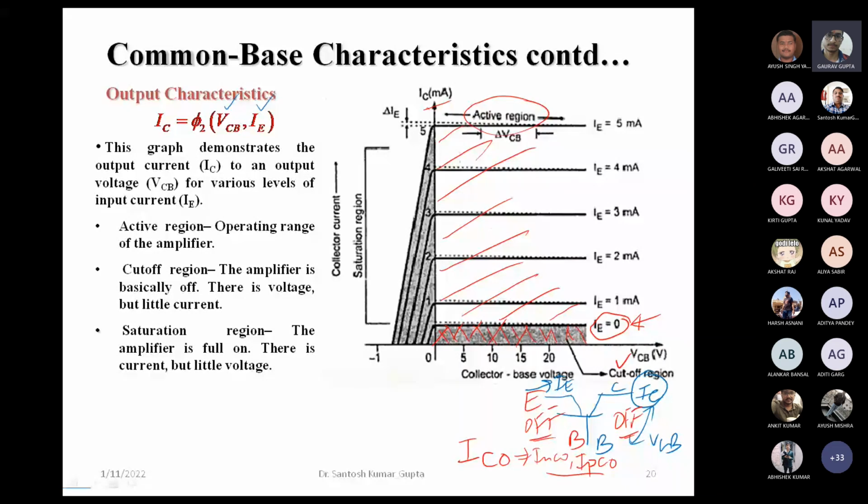If we apply such a voltage across the collector base which makes it on, that is, both junctions JE and JC, the emitter junction and collector junction, are forward biased, then we see that as IE changes, IC also changes quickly, but we don't see a large current under such a situation.